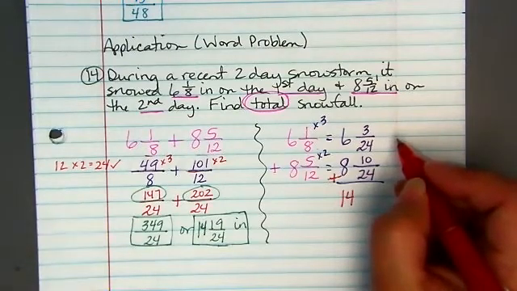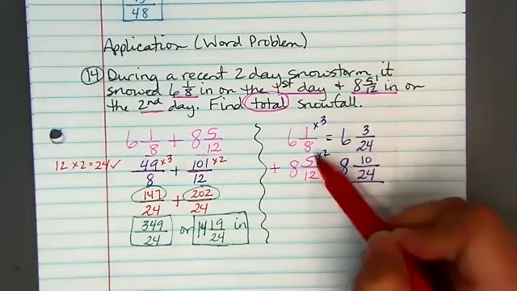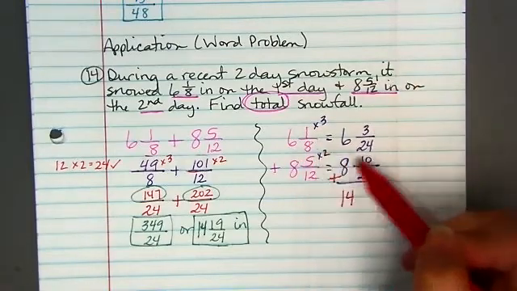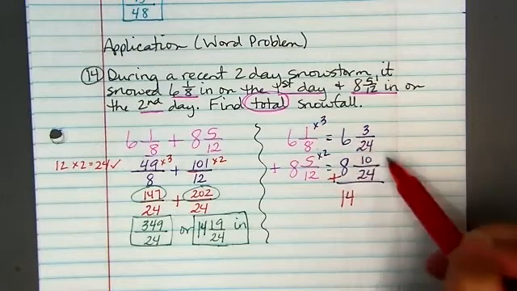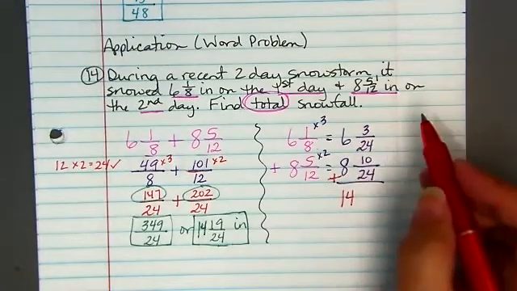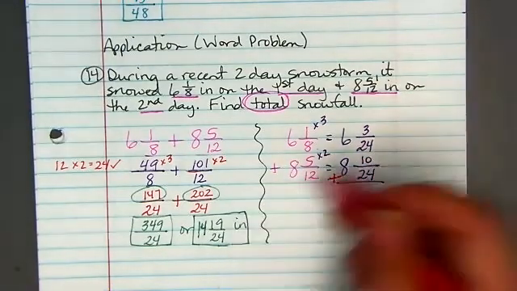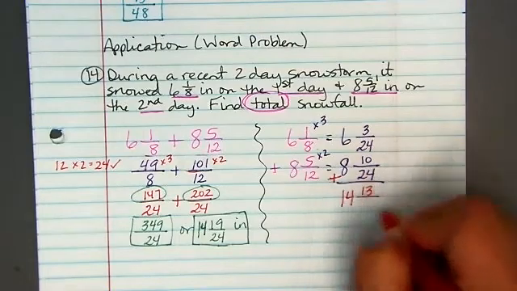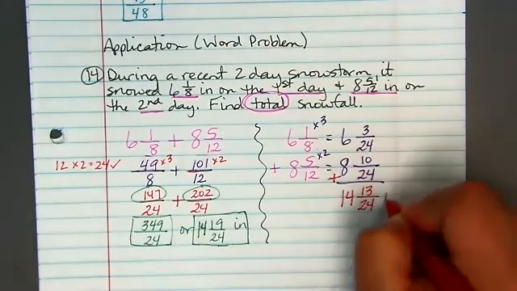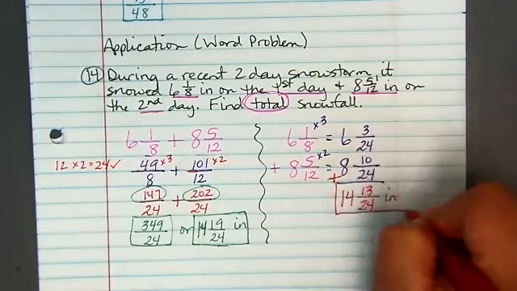What did I do? I did something, guys. We have 6 and 8. No, I wrote the wrong number over here. This is 13 over 24 inches, and there is my final answer.